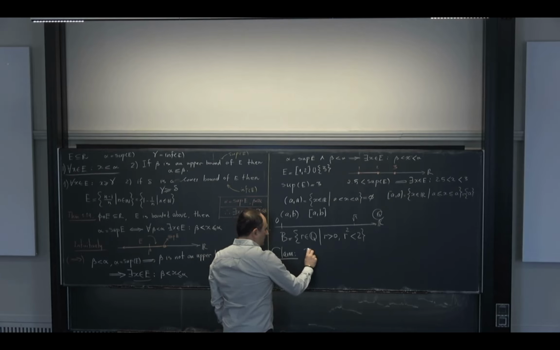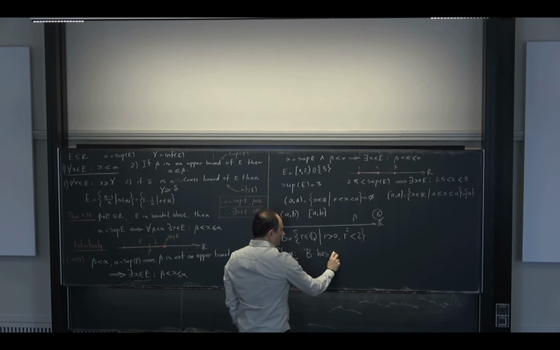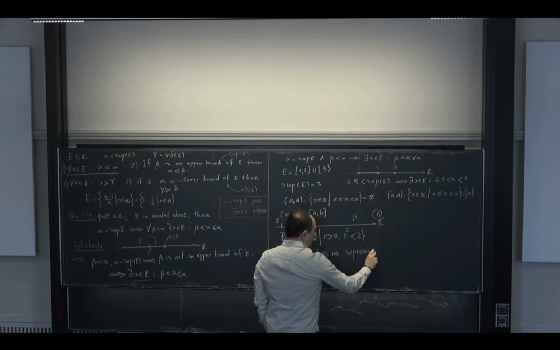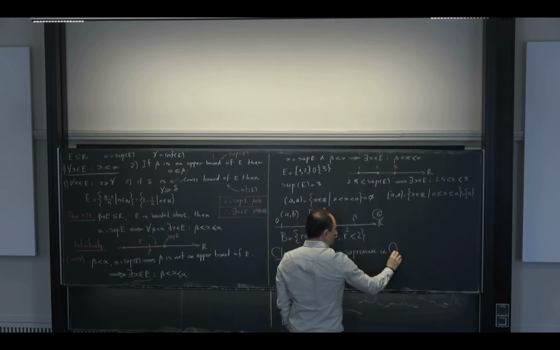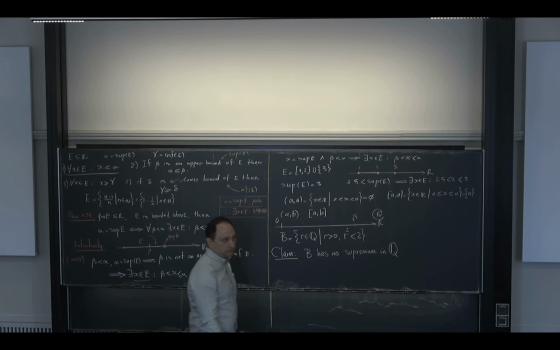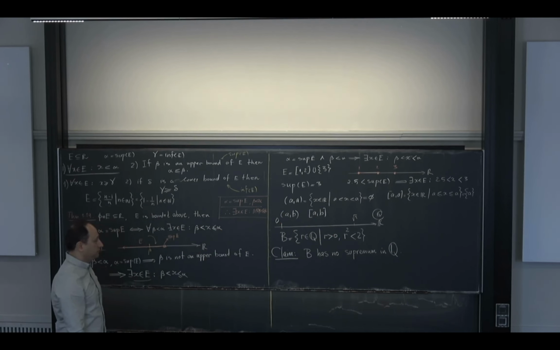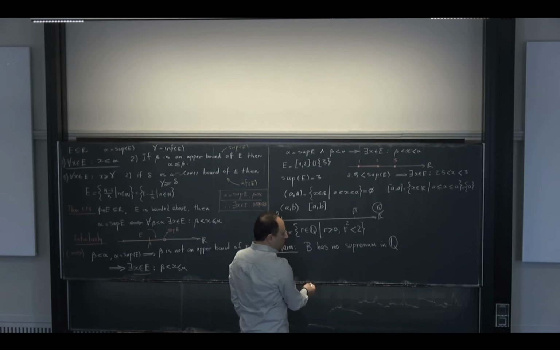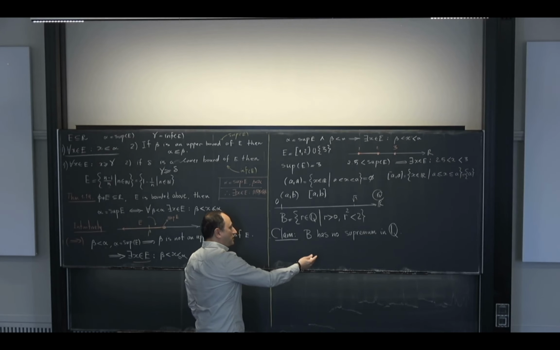So my goal is to show the claim that B has no supremum in Q. I want to prove this in the way analysis books do, which might be a little strange for you, because first of all we don't have any proof that the supremum is the square root of 2.